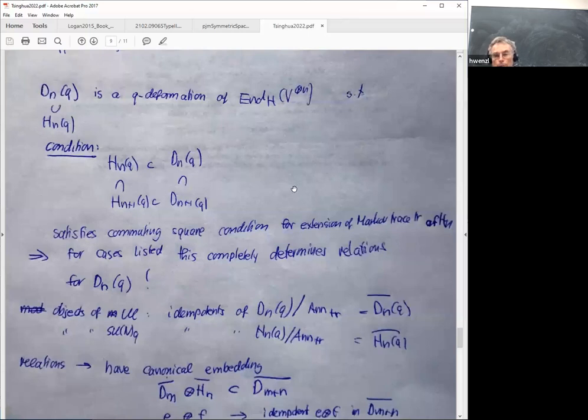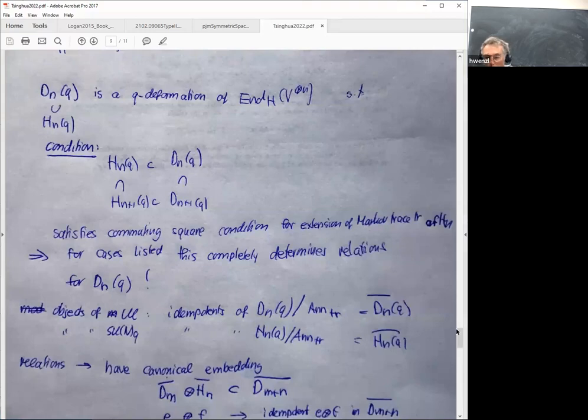And the amazing thing here is that for these cases we consider, this really already pins down the relations for these extensions.